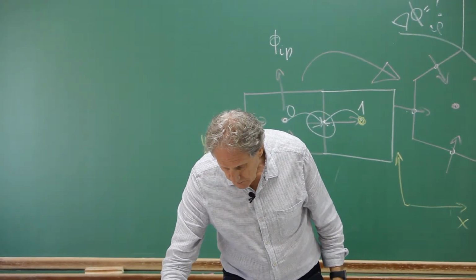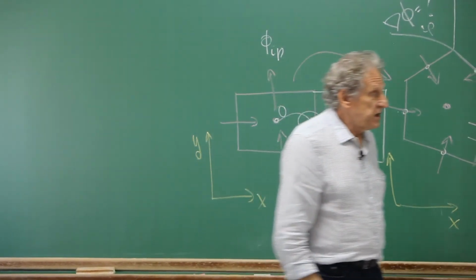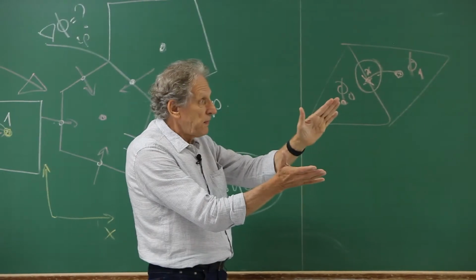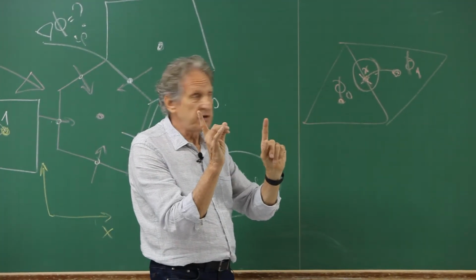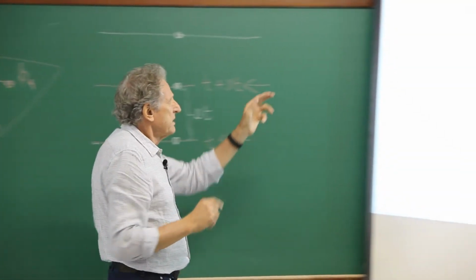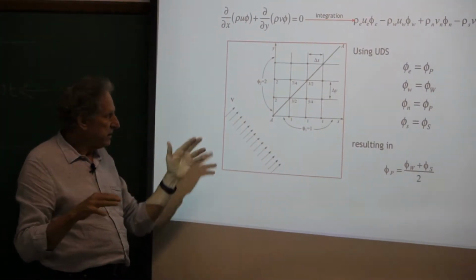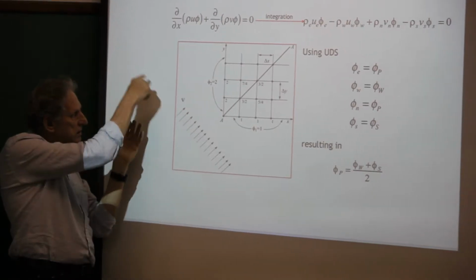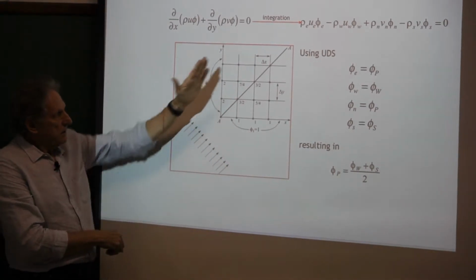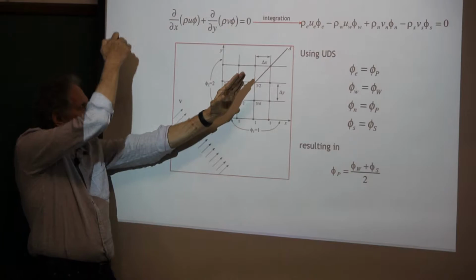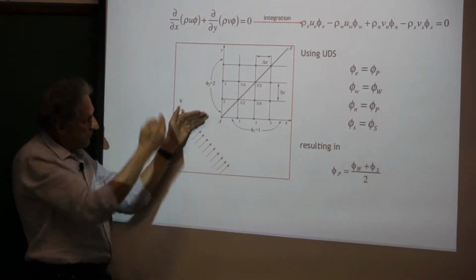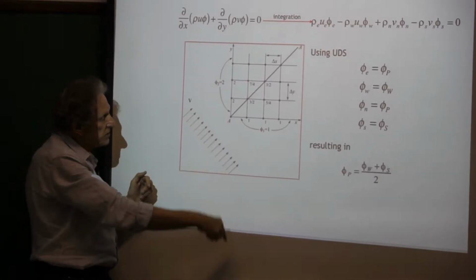Then, let's just change the frame of reference. The same physical problem, the same pulse here. I divide phi equal to 2 from phi equal to 1. Our pulse is here.